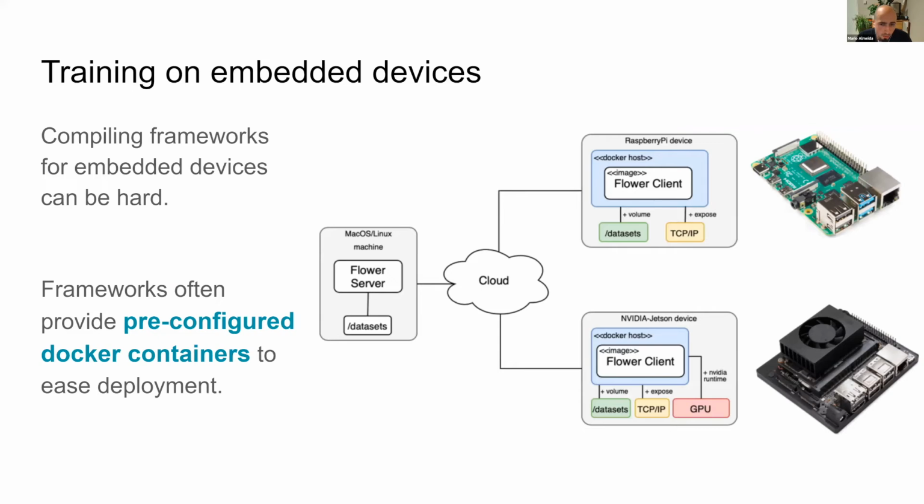If you're considering IoT devices, like Raspberry Pis or the very popular NVIDIA Jetson, as we mentioned before, most FL frameworks already provide pre-configured Docker containers. So it's very easy to launch this on different hardware, because typically it's quite challenging to compile these frameworks for some of these platforms.